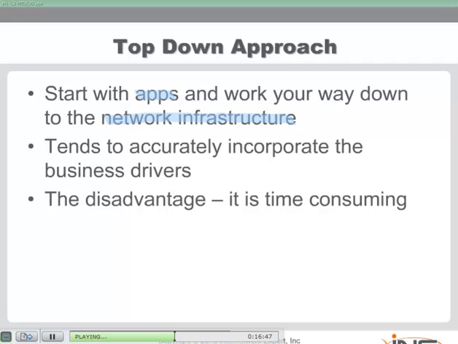Because this really allows you to confirm that you are accurately incorporating those business drivers that we're striving to address with the network. You're making sure you're not building a network for the sake of building new technologies. You make sure you're building the network to address the business drivers, the organizational goals that really dictate what we do.